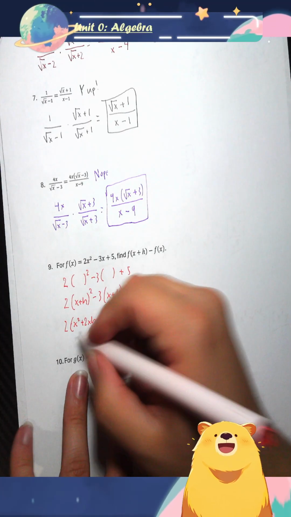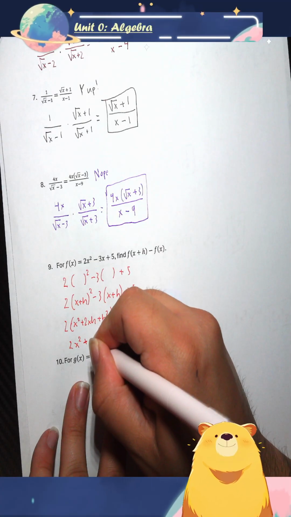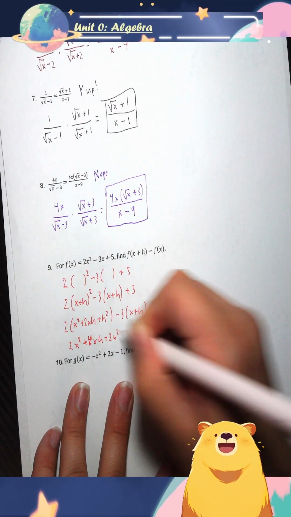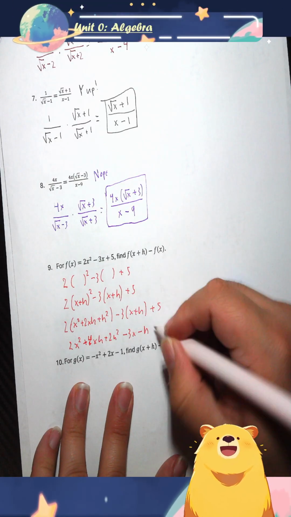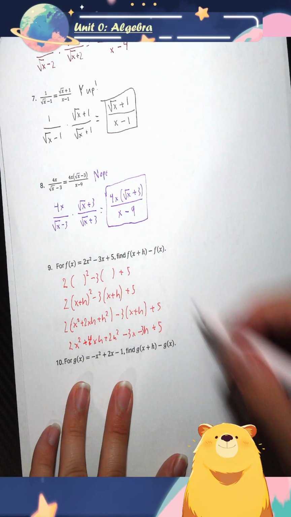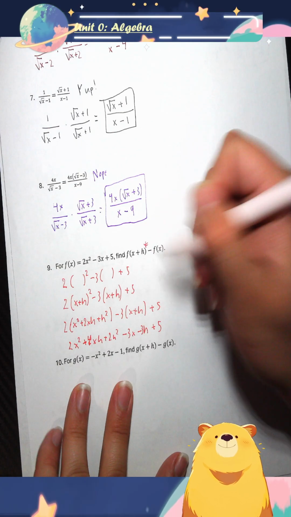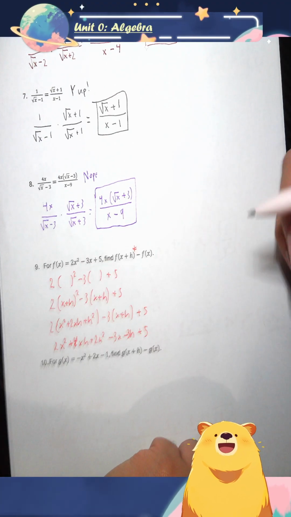And then we'll distribute. We've got 2x squared plus 4xh plus 2h squared minus 3x minus 3h, excuse me, and then plus 5. And that's all for this one over here. So now we need to rewrite this whole expression.